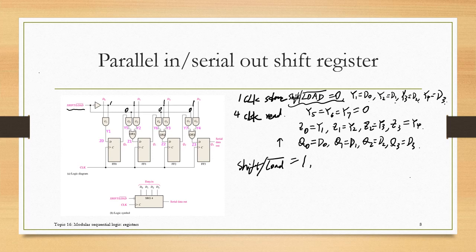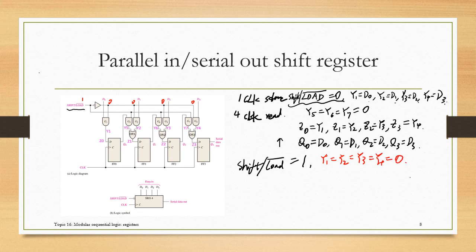Let's check what will happen. If this equals 1, then we have 0 here. I should wipe this. 0 to this location. So basically, y1 equals y2 equals y3 equals y4 equals 0 this time.